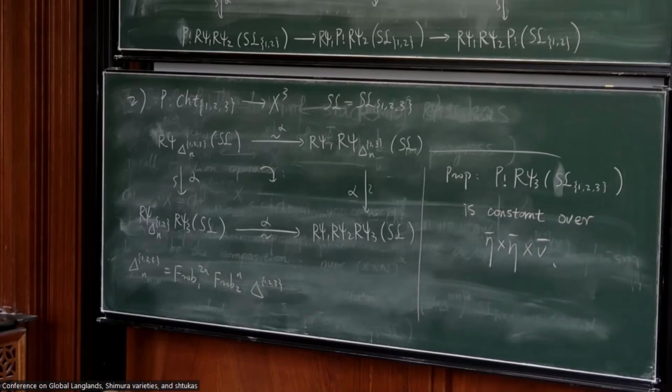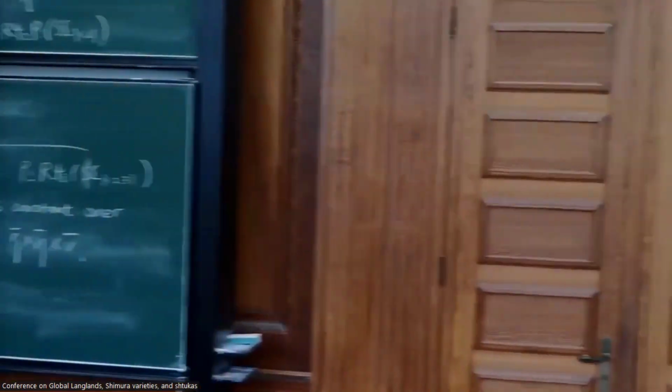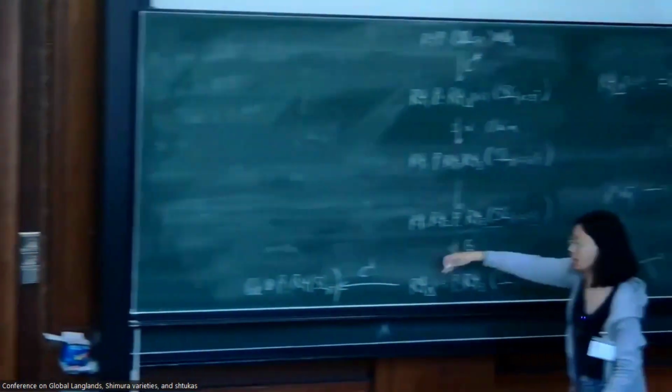So this is to give this map, which I call beta. So this is constant, so you can switch here.